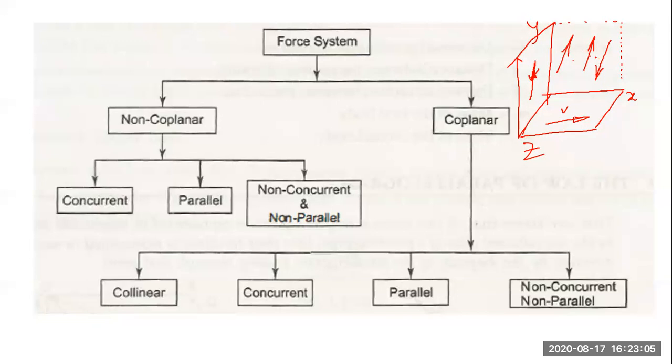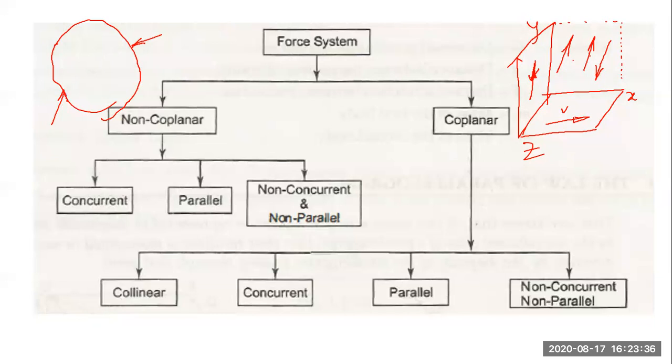Now, concurrent. What is the meaning of concurrent? That means, say, for a rigid body, because in engineering mechanics, in order to simplify the analysis, we'll assume that the body is a rigid body. Rigid body, if one force is acting in a direction and another force is acting in another direction, concurrent means they will meet at a point. If the body is not a rigid body, we cannot consider these two as concurrent forces.